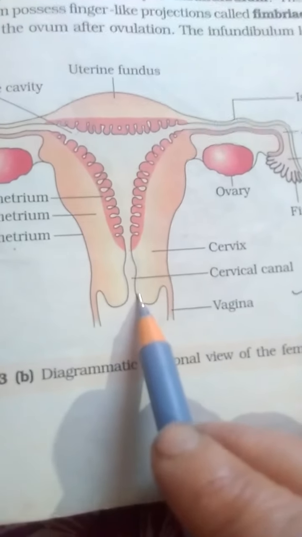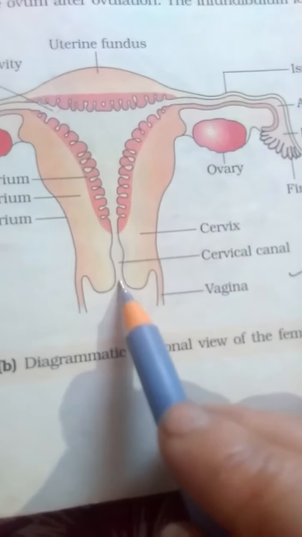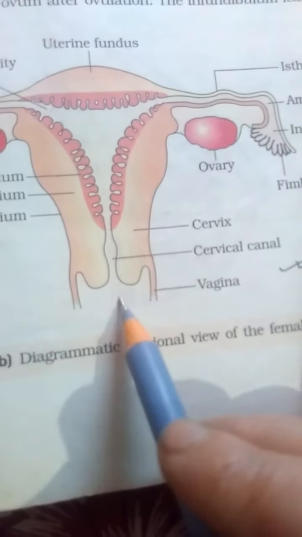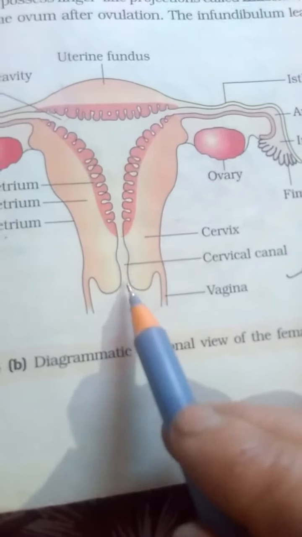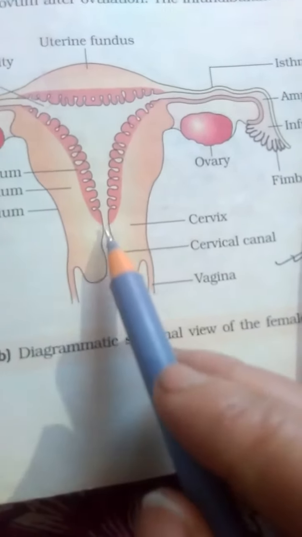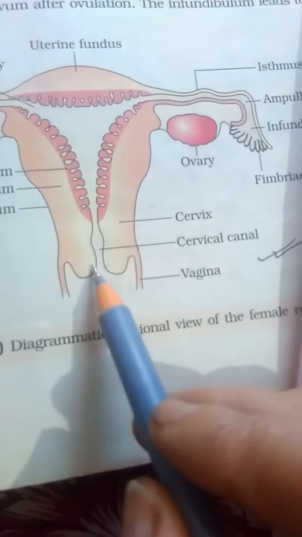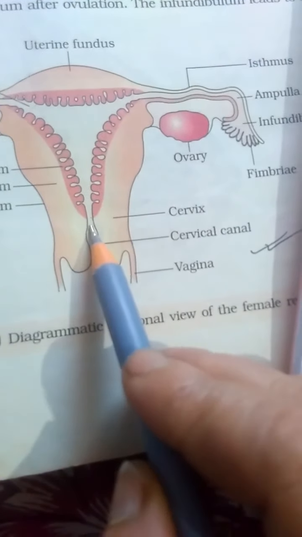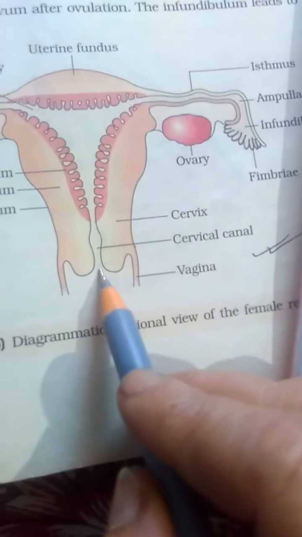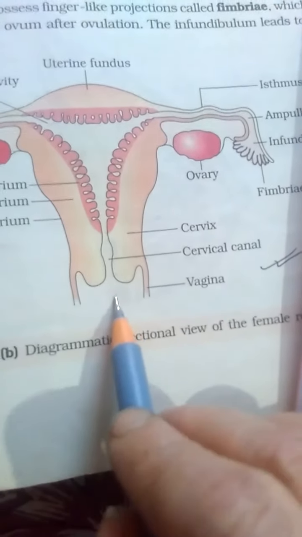And at the lower end, it has another opening to communicate with the vagina, and that is called as external os. Internal os for communication with uterus, and external os for communication with the vagina.